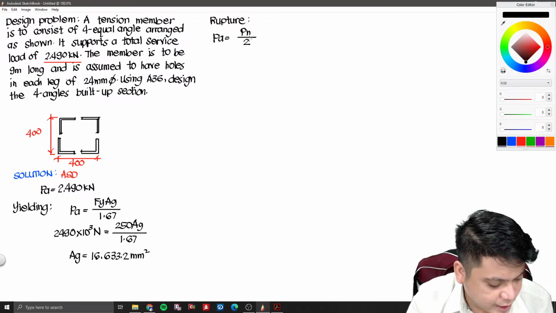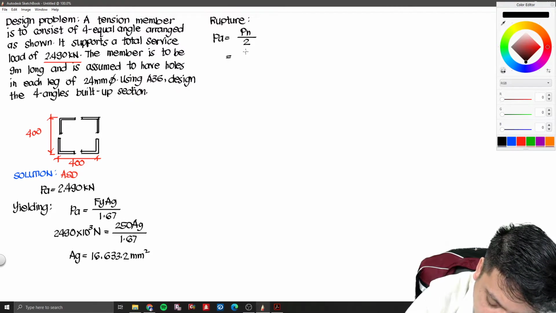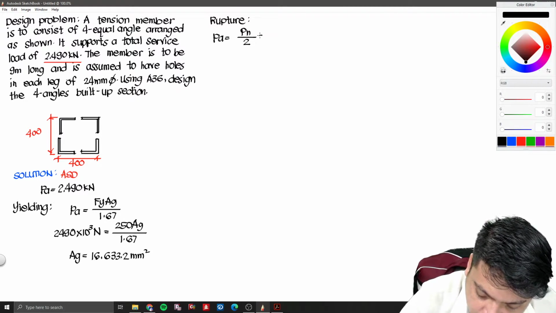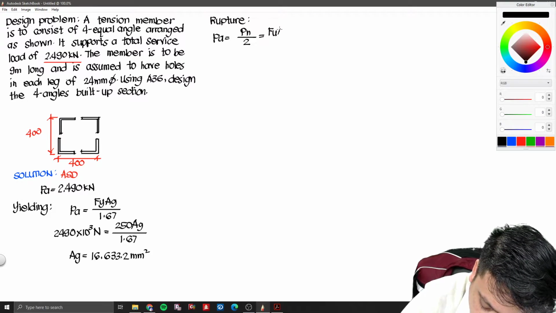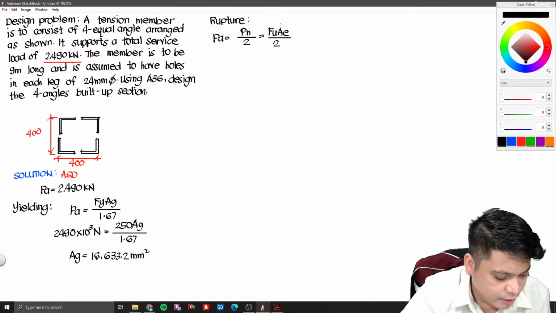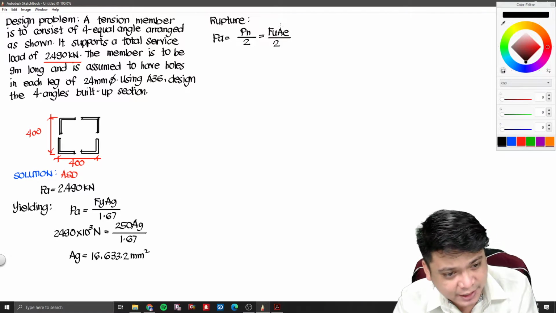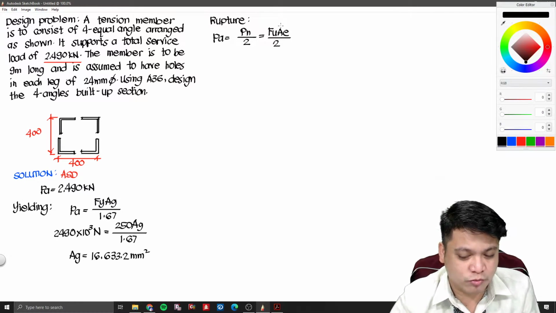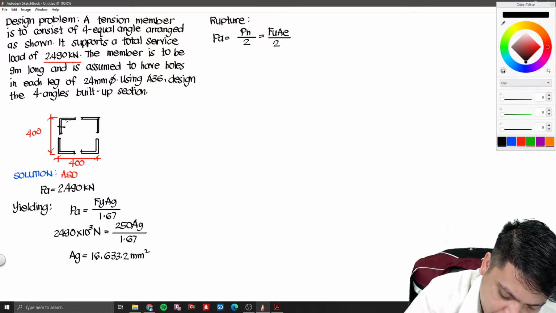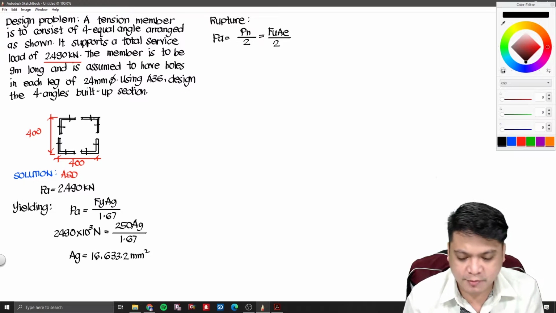So, yung PN natin, it is equals to FU multiplied by AE, and then all over 2, okay? Kaya lang pag-compute natin ng net area, kailangan natin ng thickness at saka kailangan natin ng U. Since yung U, by the way, yung 4 legs, meron daw siyang 1 hole. Okay? So, ibig sabihin lahat yon.